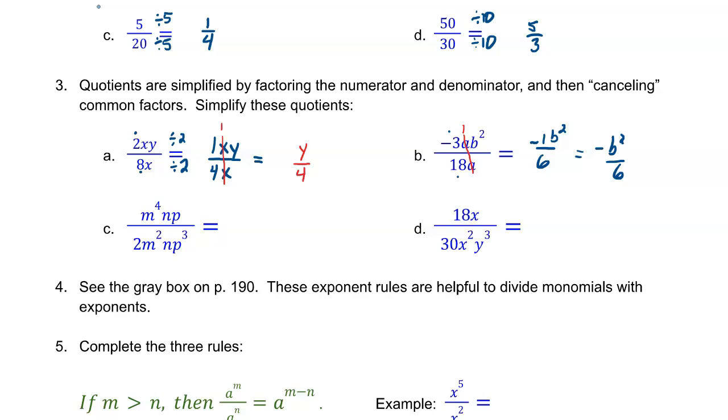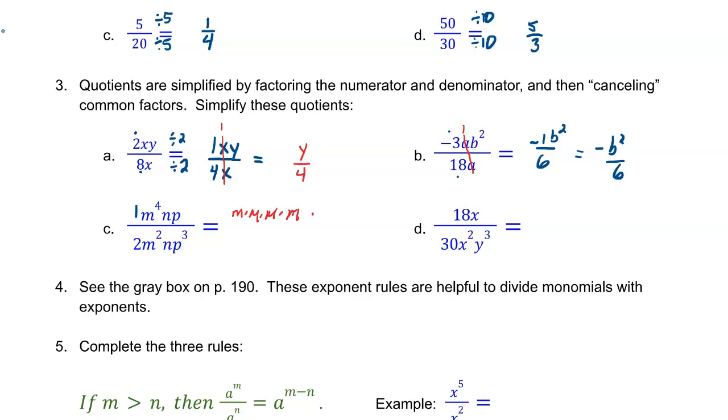Now question C. Focus on the coefficients first. There's no coefficient shown in the numerator. Remember, that's a 1. And so we have 1 on top, 2 on the bottom, 1/2. That does not simplify. There's nothing you can do with the coefficients. Now direct your attention to the variables. There are 4 m's multiplied together in the top, like this.